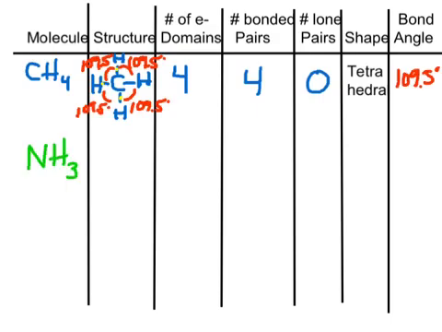Our second molecule is ammonia, or NH3, and if we draw out its structure, we're going to have nitrogen attached to 3 hydrogens. According to our HONC rule, nitrogen must have 3 bonds, and he also has a lone pair up there. Again, all 4 sides of nitrogen have electrons on them.